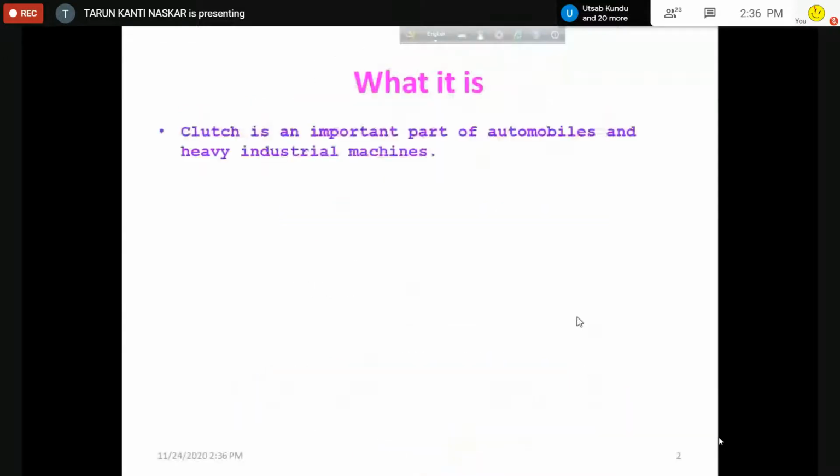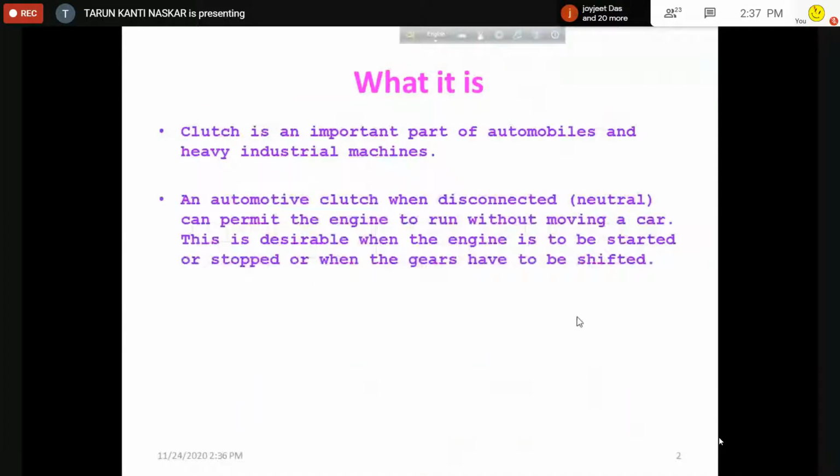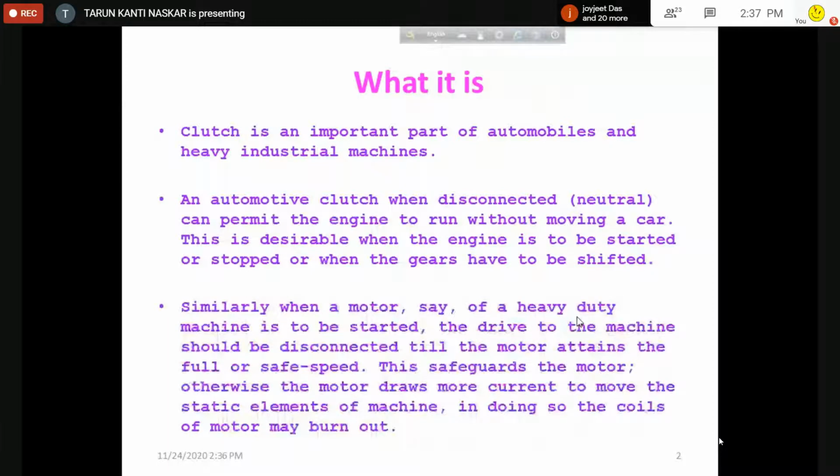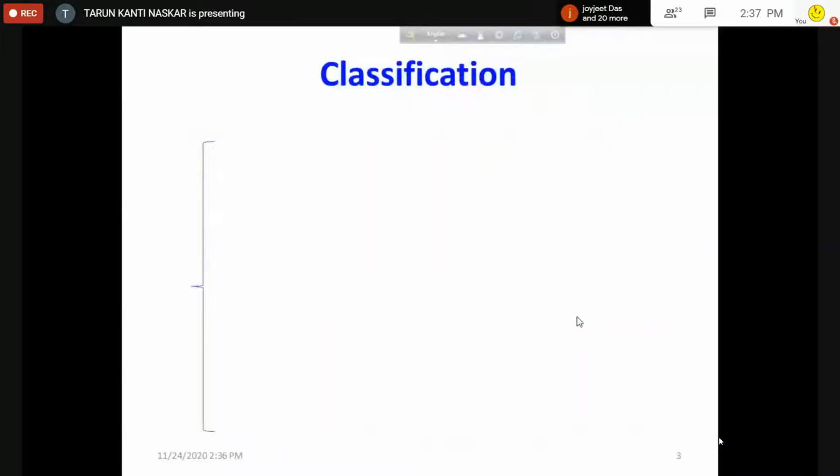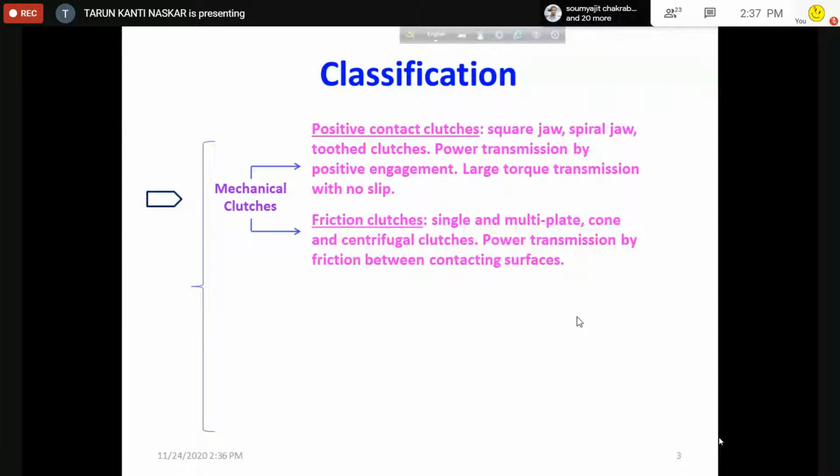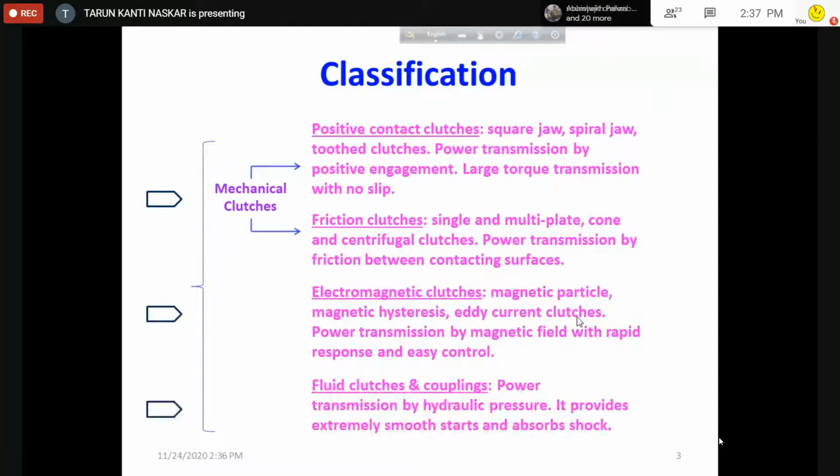So we defined clutches, and we also mentioned the different types of clutches. It was already mentioned that we will discuss friction clutches only.